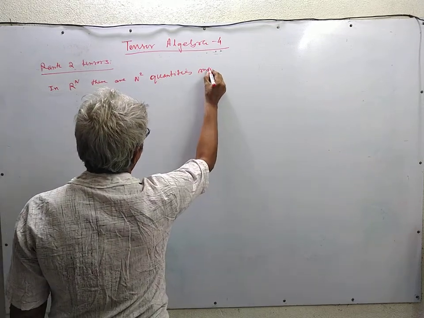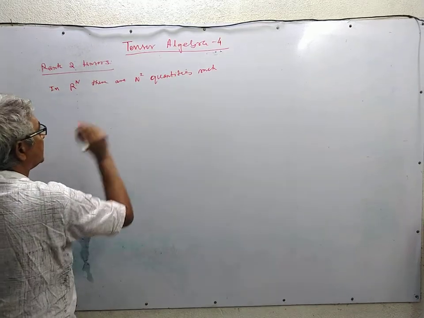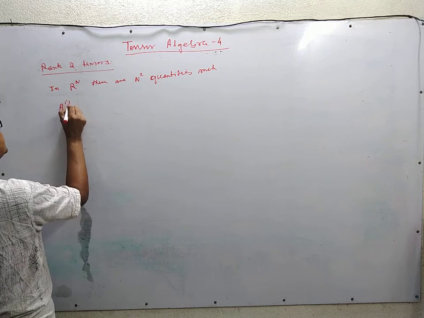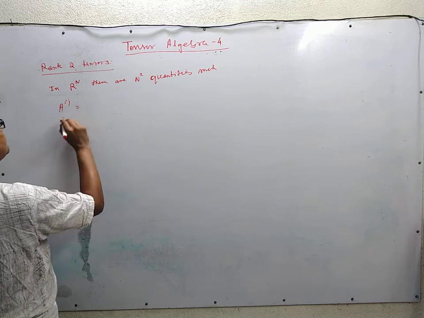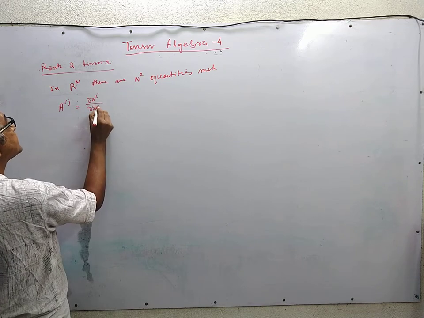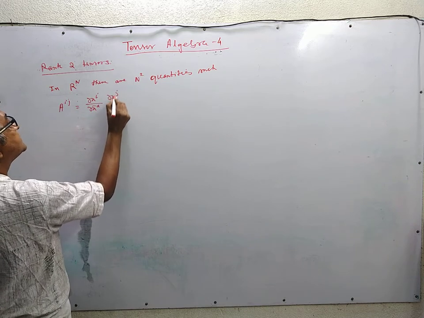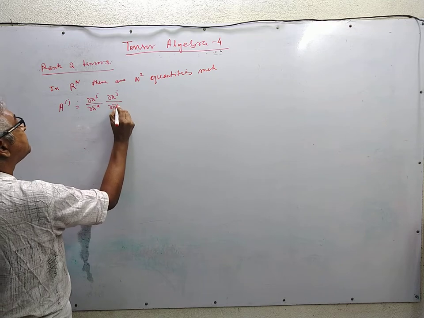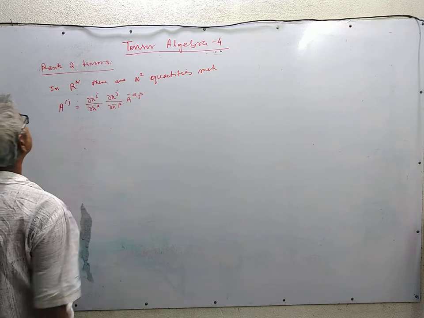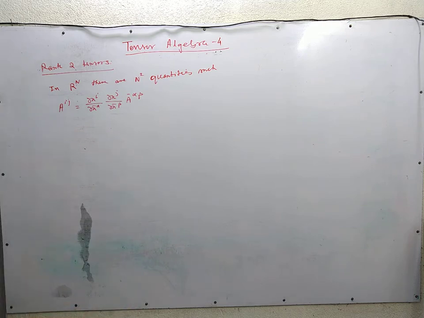Such that there are three types of tensor. One is that Aij is equal to del xi, del x bar alpha, del xj, del x bar beta, a bar alpha beta. This is called a contravariant tensor of rank 2.